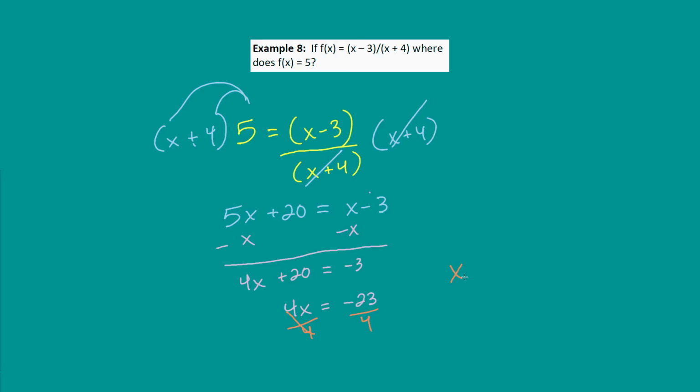So that means that when my x is negative 23 over 4, my y value, my f of x, which they gave us, equals 5. Altogether, that's what we're looking for: an ordered pair of negative 23 fourths, comma, 5. So that's domain, that's intercepts, and those are values that we plug in to find either our f of x or find our f of some value.